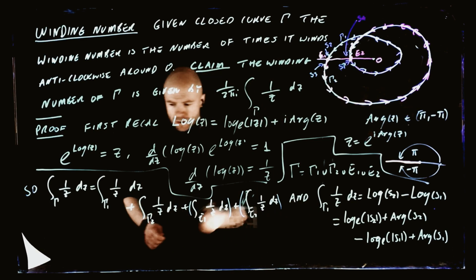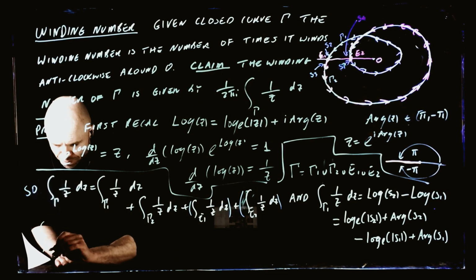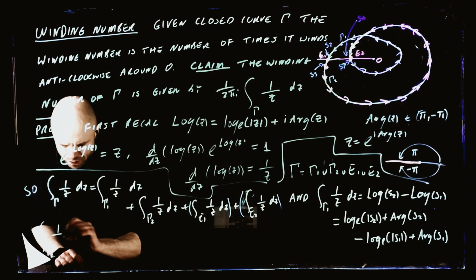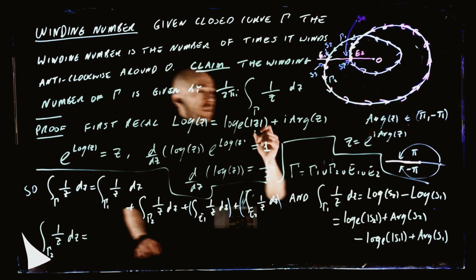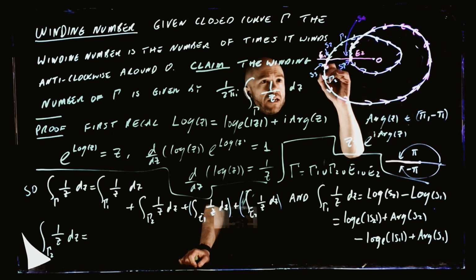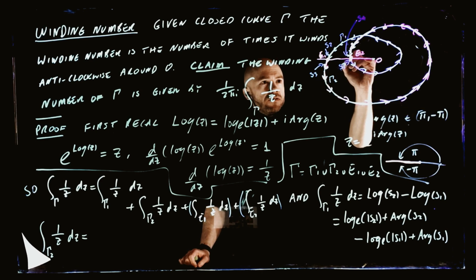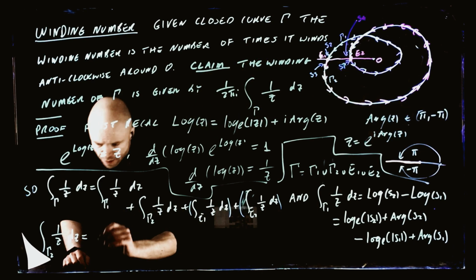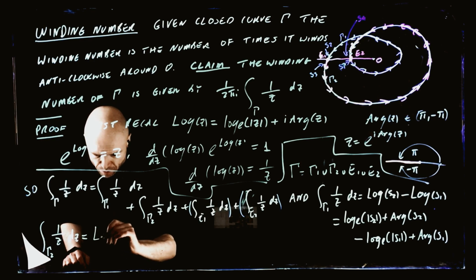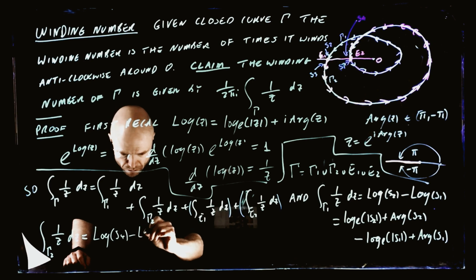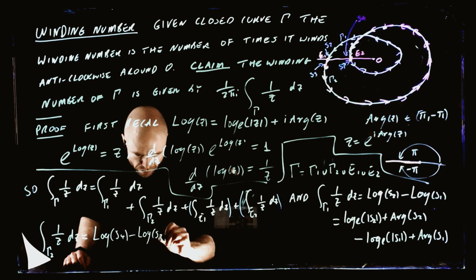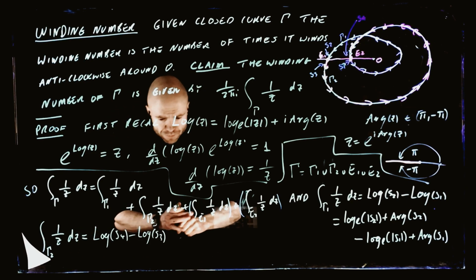Cool. And for this integral, gamma 2, 1 over z dz, I have the same kind of thing. Where do I start? I start at S3 and I end at S4. So I have that this thing is complex log of S4 minus complex log of S3. And what's that?